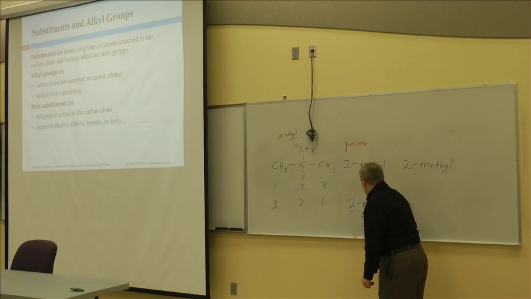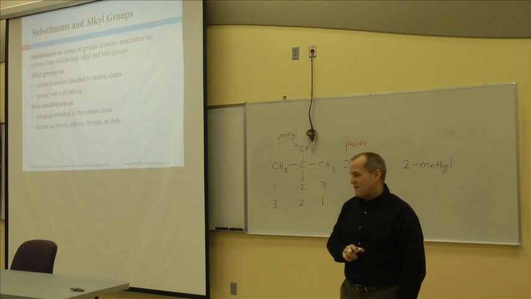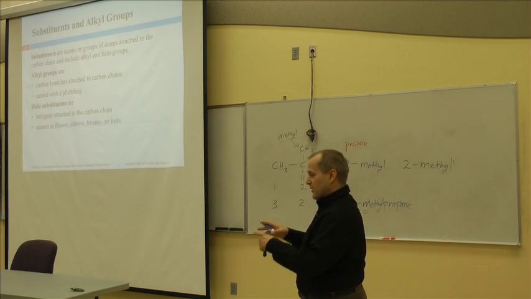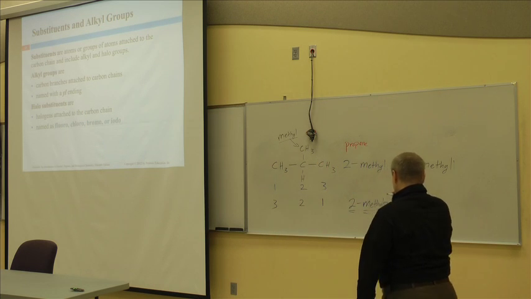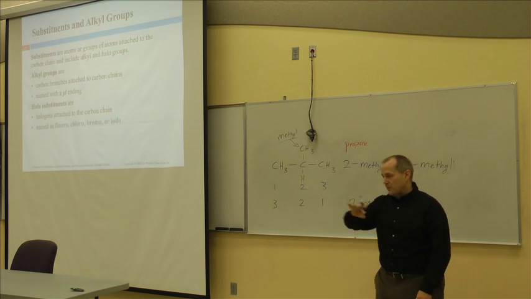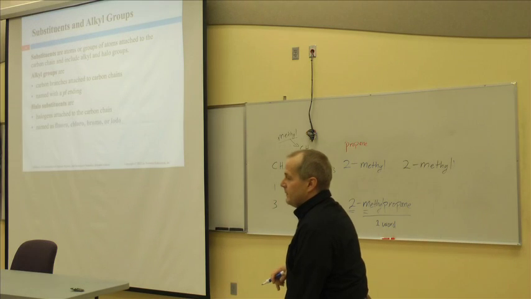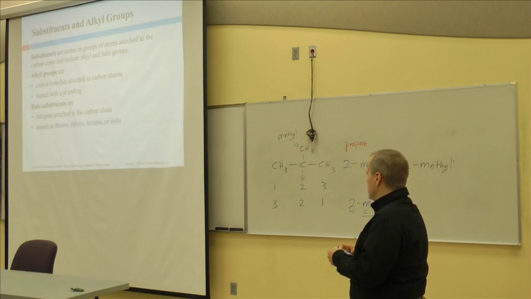Numbers and letters are separated by dashes. You have to have the dash there, because numbers are separated from letters by dashes. And this, all one word. That is to say, there's no space there. Methylpropane is all one word. 2-methylpropane. That's how you name that.